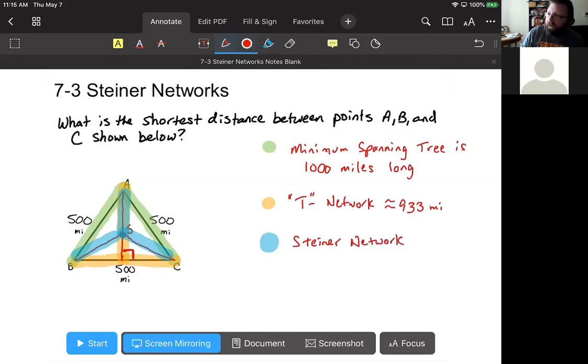And using some trigonometry, we can figure out that that distance is the minimum distance, which is 866 miles.